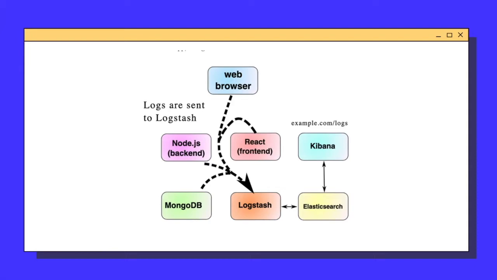The way that the components of ELK work is that all of the other services send logs to Logstash. Logstash takes these logs, which are text emitted by the application. For example, when you visit a web page, the web page might log, this visitor accessed this page at this time.